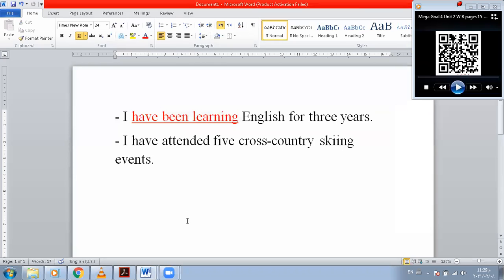Okay. What is the tense for sentence number two? I have attended, which has ed. And it doesn't come with been, and ing isn't added to it. It comes directly with the verb. Good. What is the tense here?